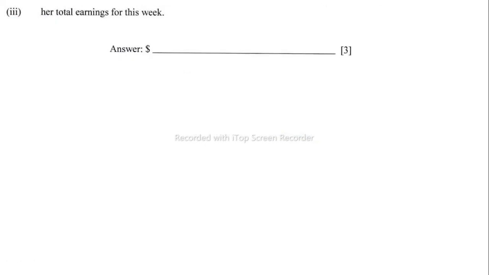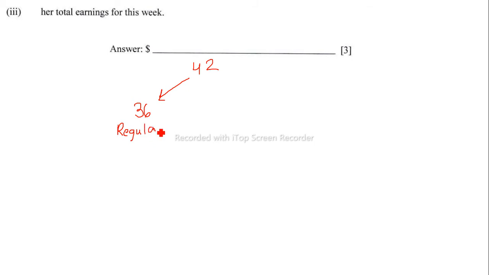So we have to take the 42. We know the 42, right? And we have to subtract 36 from it. So from the 42, 36 was regular hours, right? 6 extra hours.